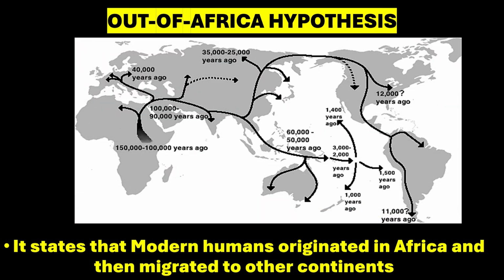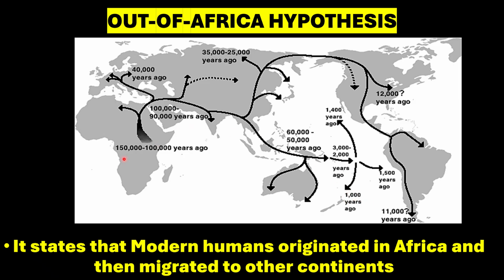This takes us to the Out of Africa hypothesis. And what does it say? It states that modern humans originated in Africa and then migrated to other continents. So that is where everything started from. You follow the route and you can tell where they went. The smaller the age, the younger the migration.